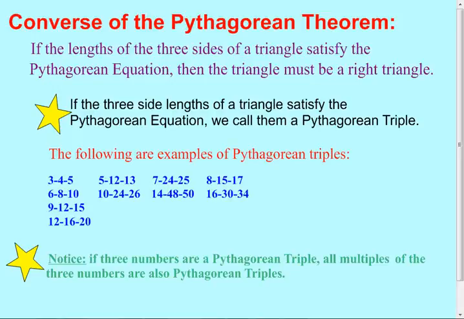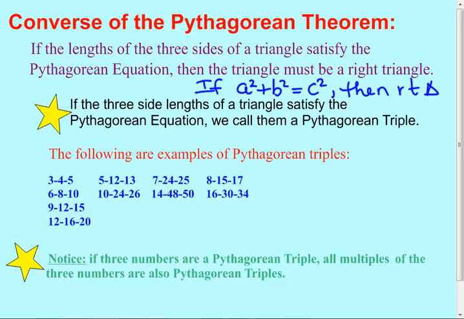The converse of the Pythagorean theorem: if you know that a squared plus b squared equals c squared, then you have a right triangle. Yesterday we had right triangles, so we knew that if I squared the legs and added them together, it equals the square of the hypotenuse.